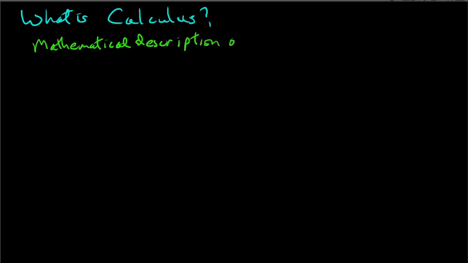Things are changing, of course, all the time, as they should. Calculus just describes how that's possible and how quickly things change, in particular what we call the rate of change.